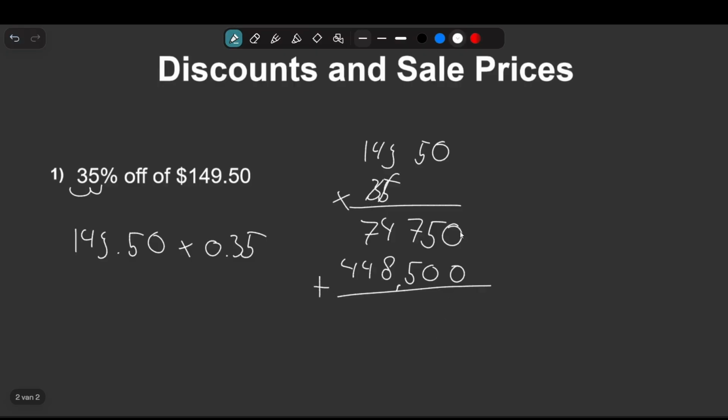We're going to start from right to left. 0 plus 0 equals 0. 5 plus 0, my bad guys, equals 5. 7 plus 5 equals 12, so we write our 2 down here and carry our 1 over here. Then 1 plus 4 equals 5.